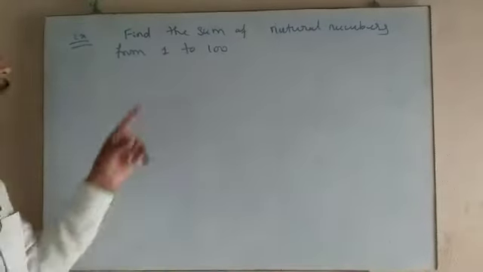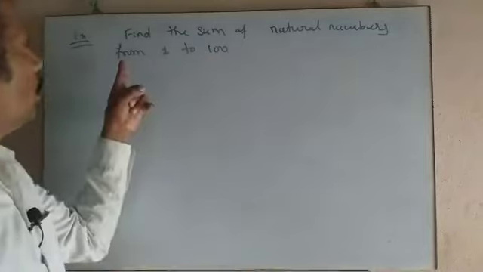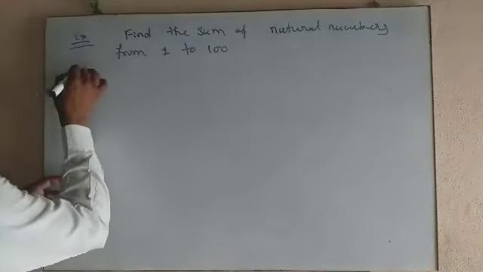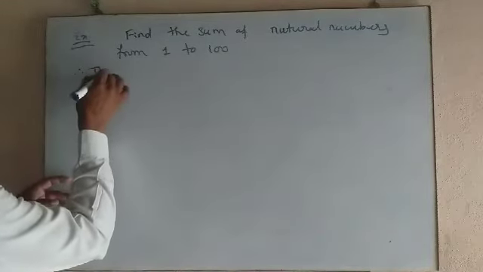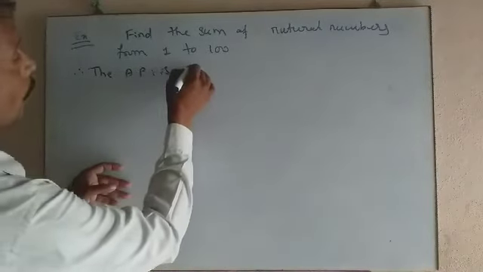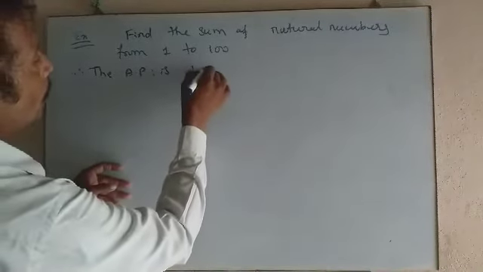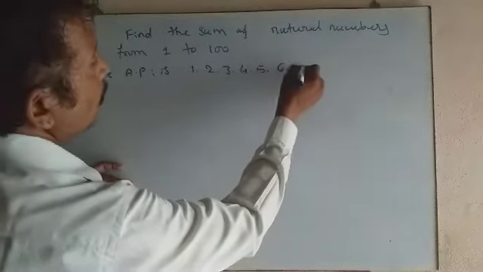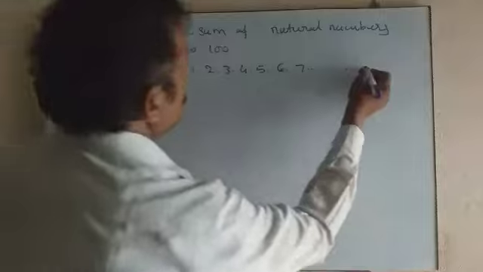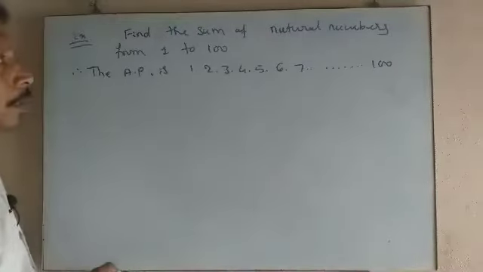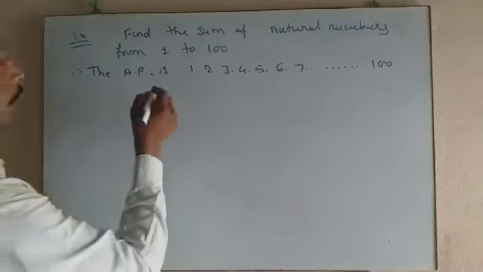Our question is to find the sum of natural numbers from 1 to 100. Therefore, the required AP is 1, 2, 3, 4, 5, 6, 7, and so on. Last number 100. We need to find the sum.